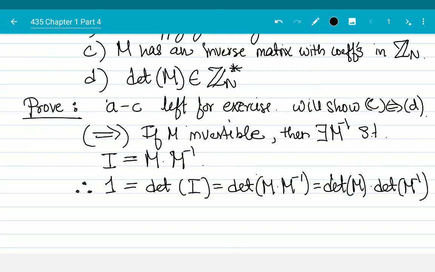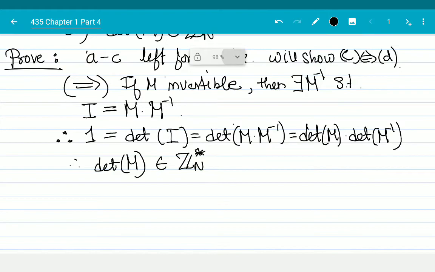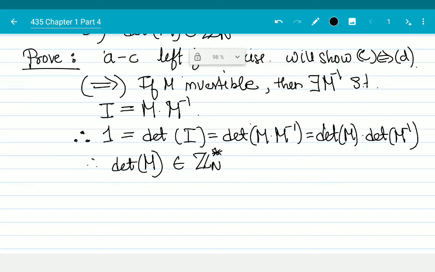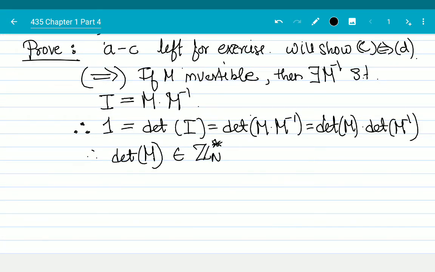And therefore, the determinant of M belongs to Zn star, right? Because if these matrices have all entries in Zn, then their determinant must be in Zn, not necessarily Zn star, but if they're invertible, it has to be in Zn star.